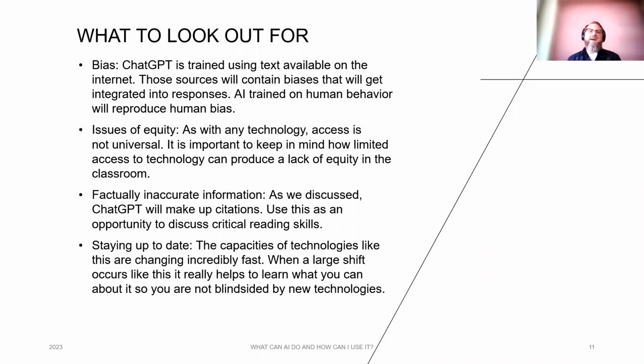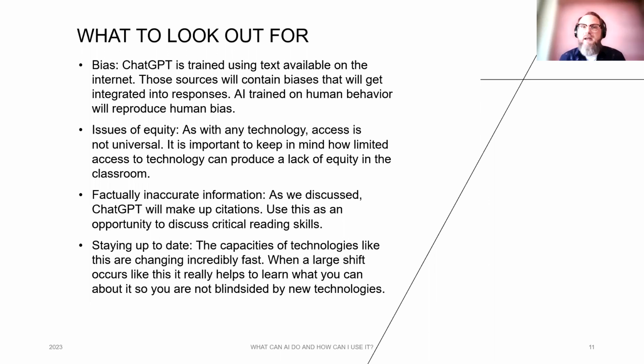So this is what to look out for. Bias. We've talked a lot about how it gets information, and we don't know exactly how it's getting all of this, but there have been a lot of examples of early chatbots going really off the rails really quickly because of what they're being fed.